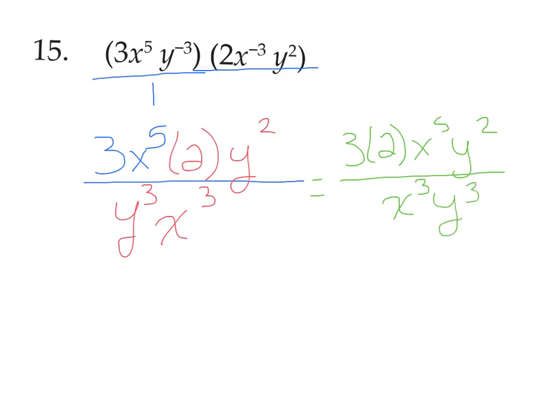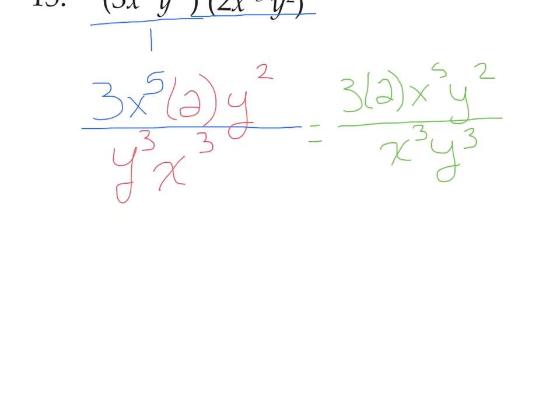And now we can simplify a little bit more. 3 times 2 with the coefficients will give us 6. These x's can reduce. You have 5 x's on the top, the numerator, 3 x's in the denominator. They'll cancel off, but there will be 2 left over, and they will be in the numerator because that's where we had more.